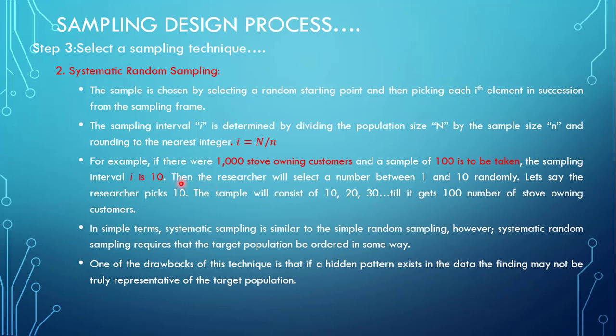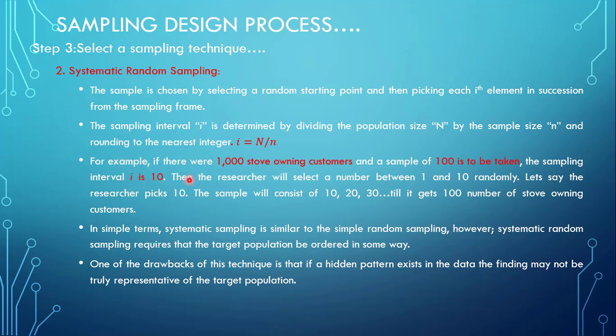There are two steps. The first step is calculating the I value, and then you select randomly from 1 to 10, because the I value is 10. If the I value was 100, you would select randomly one from 1 to 100, and then you start and add I each step.